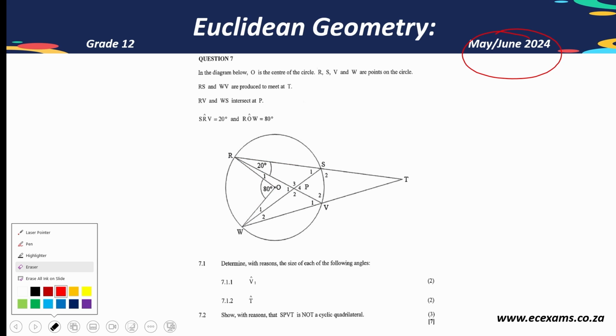Matrix, I always tell my learners that Euclidean geometry is like an English set work story. You start with an introduction, you move on to the body, and you end with the conclusion. You don't go to the cinema and watch the ending of the movie and then try and rewind to go back to the beginning. It is the same with Euclidean geometry. You start with question 1 and you move your way from question 1 to 2 to 3 to 4.